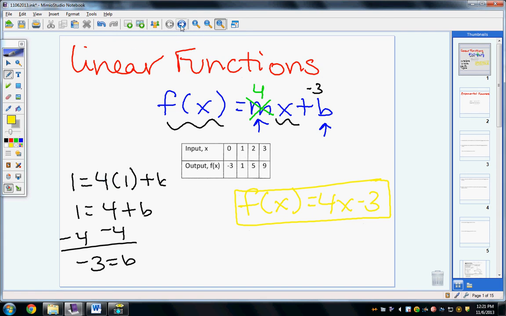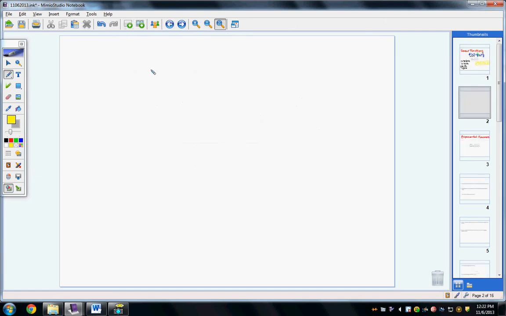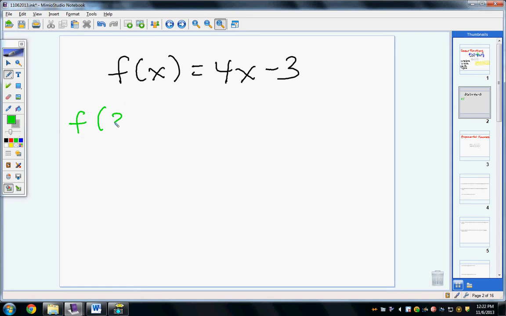All right, so I said based on that table, f of x is equal to 4x minus 3. Okay, let's say that I wanted you to find f of 3.